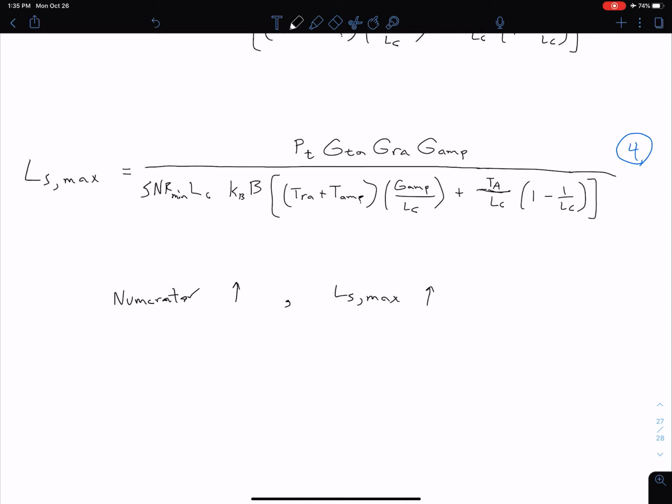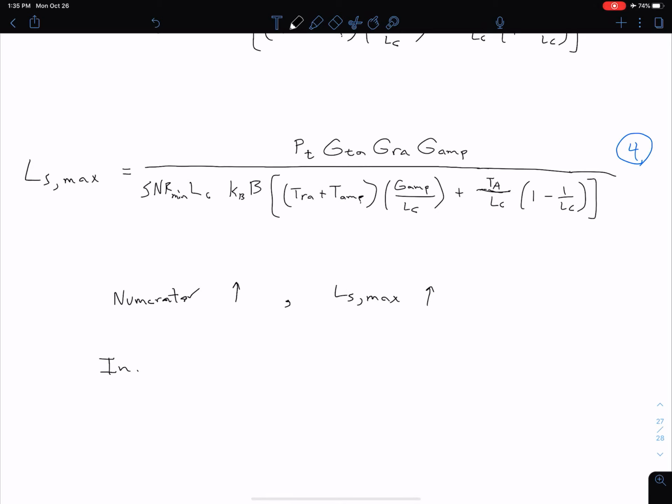What we can also see is some of these terms in the denominator: our minimum signal to noise ratio, our loss in the cabling, our bandwidth, or any of these noise temperatures. If we are increasing any of these, then we're decreasing our maximum distance or our maximum loss.